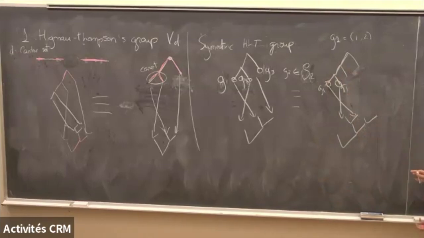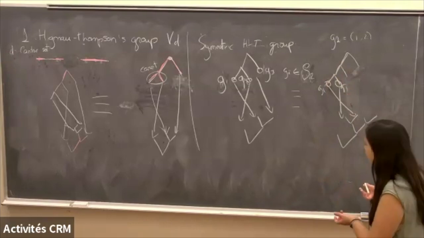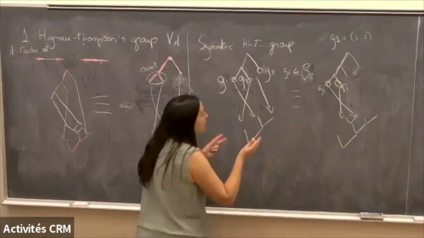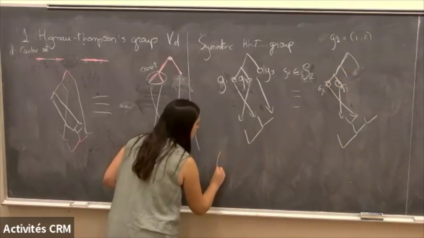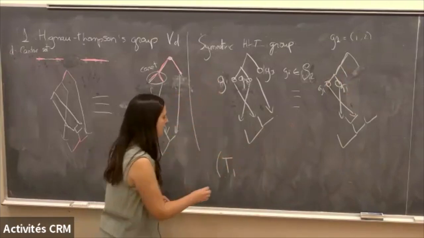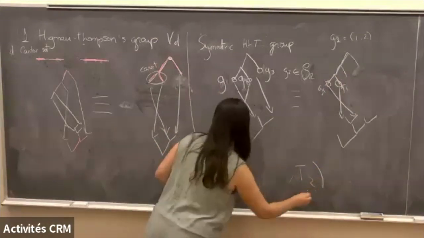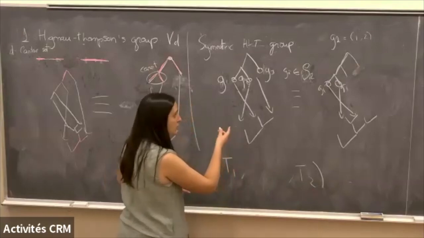It's just an introduction. And we can express every element of this group as follows. You have the first tree, at the end you have the second tree, then you have the bijection.